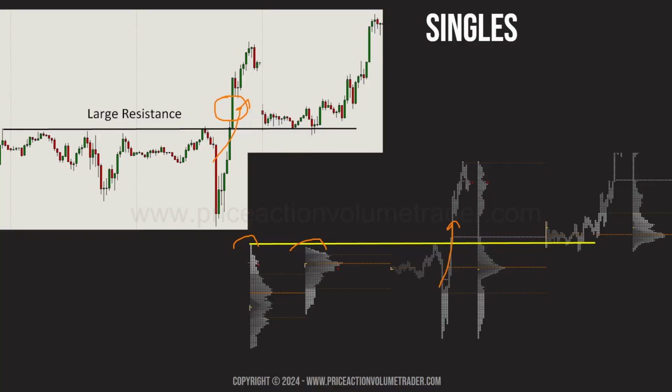And if you're looking at a chart, it's very easy to identify the singles, because basically anytime you see a candle with no overlapping wicks or other candles on either side, then that is going to be a single print, which is exactly what smart money concepts would call a fair value gap. That is exactly what a single print is.